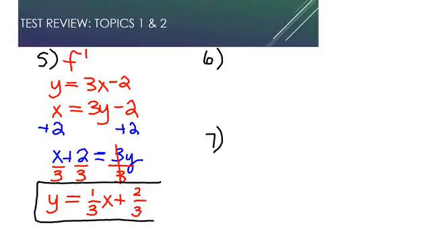Okay? All right, so for number 6, it says, what is the domain and range of the function f? This is simply just listing the numbers out. When you list them out, you're going to use little curly braces. Okay? So for the domain, we're going to list out -2, -1, 0 and 2.